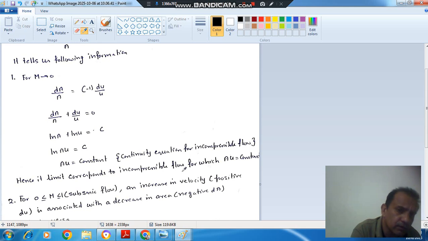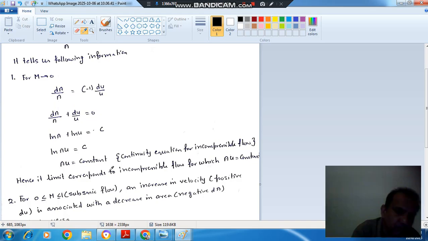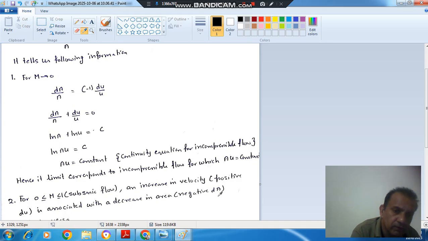In previous videos we also considered that if M is less than 0.2, it can be considered as incompressible flow. So this proves this. If M is 0, then it is purely incompressible flow. Hence its limit corresponds to incompressible flow for which AU is constant.